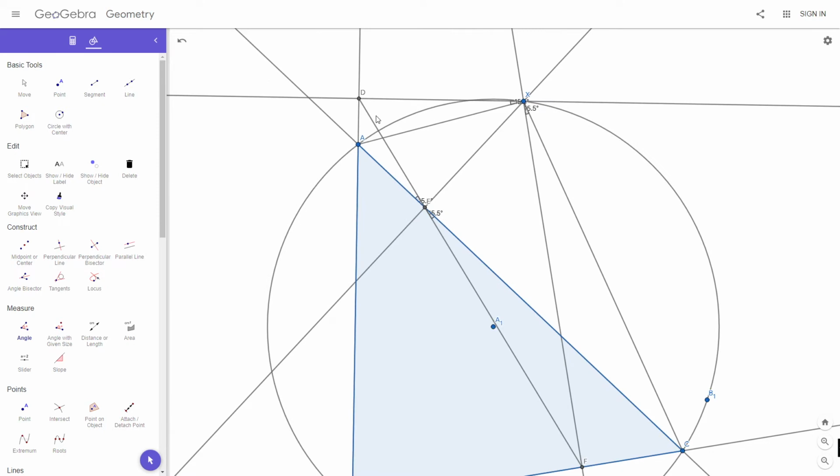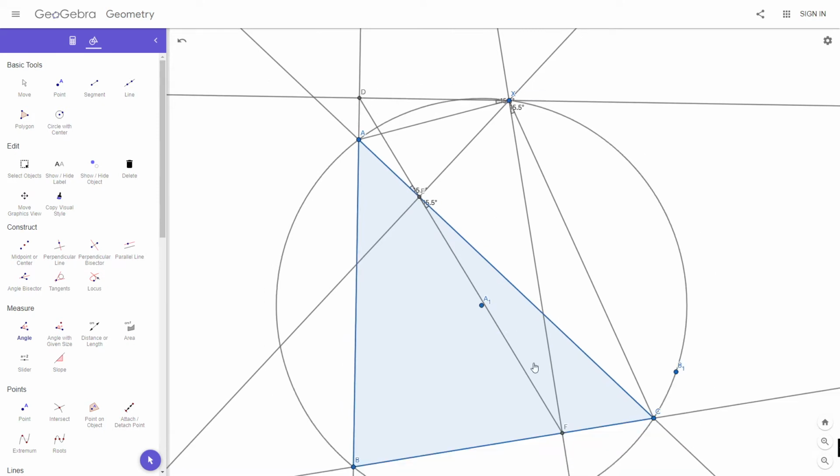So let's look at angle XDF. This one I think we will give a different color to, so XDF, and let's call this one red. Okay, XDF is going to be equal to XAE because of angles subtended by a chord.